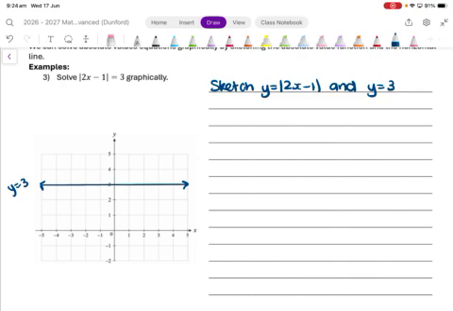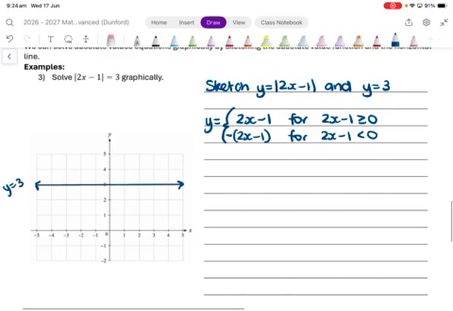So what we'll have is y equals our piecewise function of 2x minus 1 for 2x minus 1 is greater than or equal to 0, and minus 2x minus 1 for 2x minus 1 is less than 0.